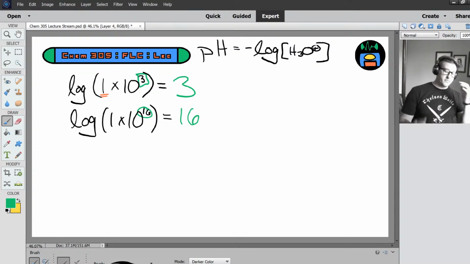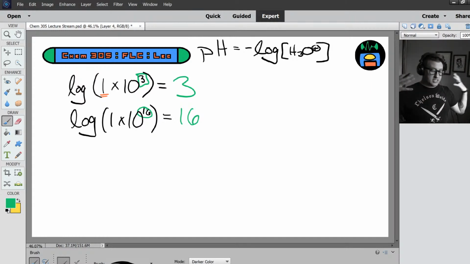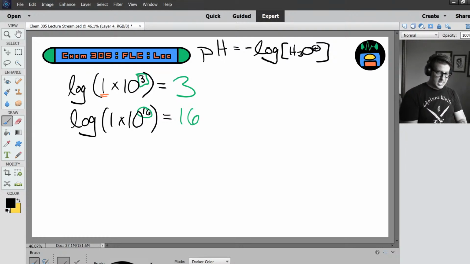So what the logarithm function does is it basically compresses a number. It takes these large exponents of 10 and crunches them down to easy, smaller, bite-sized things. One of the things you'll notice is all of our exponents of 10 are negative.